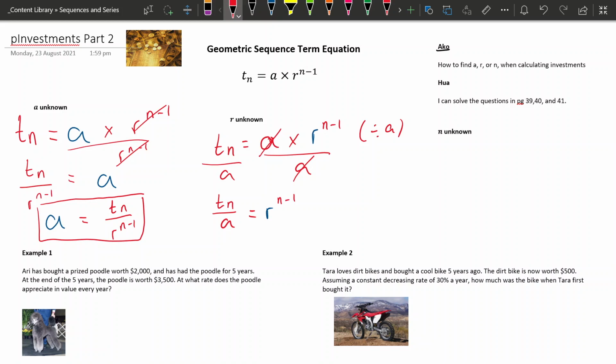Okay, how do we get rid of that n minus 1? Well, here's a secret. We take the n minus 1 root on both sides. What on earth, Mr. Williams, does that mean? I will show you in example 1 very soon. And that will give you your answer.